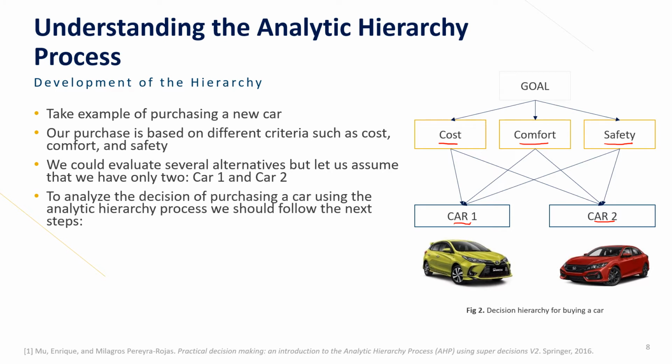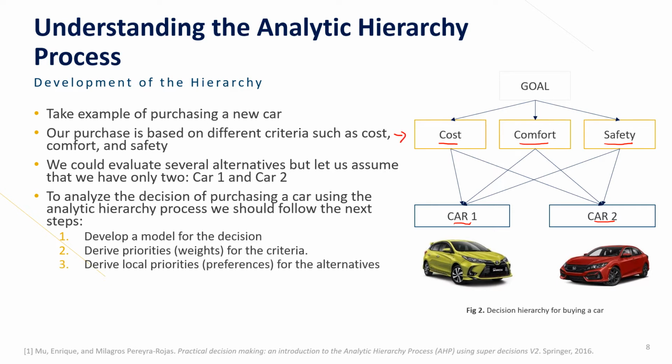So to analyze the decision of purchasing a car, when we use AHP, we should follow the next step. After we have this hierarchy, we develop a model for the decision. We derive the priority or weights for each criteria, comparing each criteria. We will derive local priorities. Let's say for cost, we will compare car 1 and car 2.